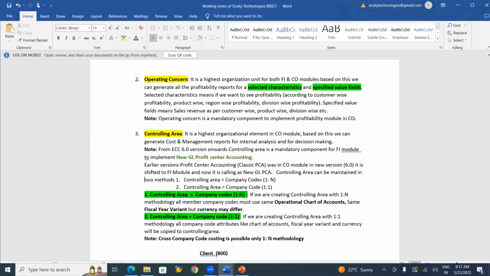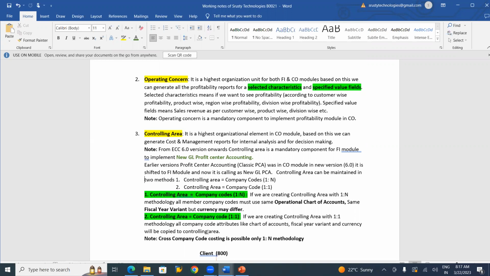When all member company codes are using different charts of accounts and different fiscal years.